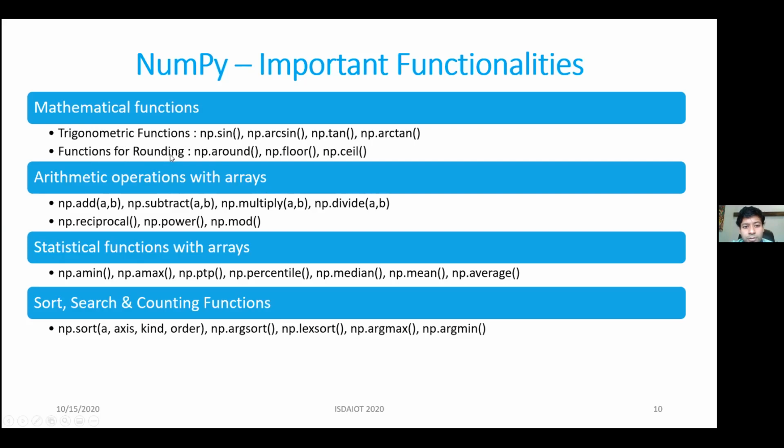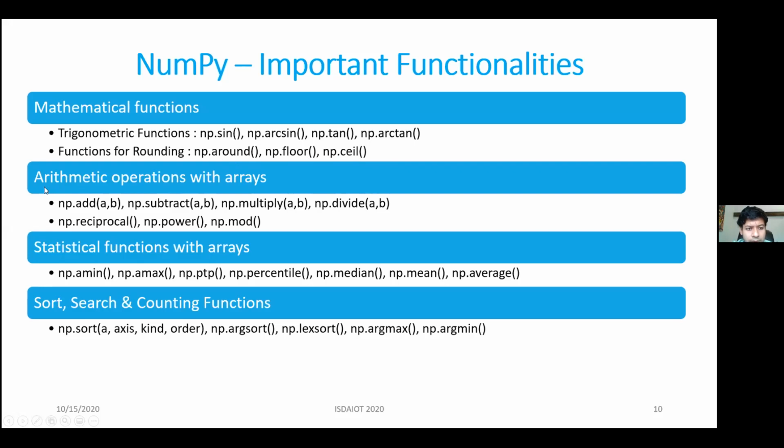Then there are rounding operations, like np.around, np.floor for the floor of any fractional data, and ceiling to find the ceiling. We can just straight away enter some array, and these operations will be done on the whole array.